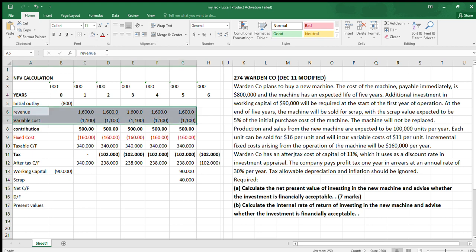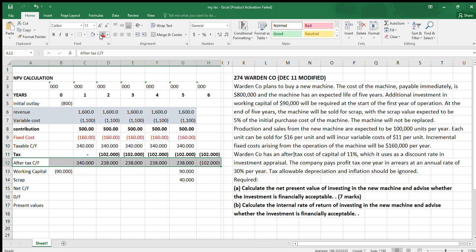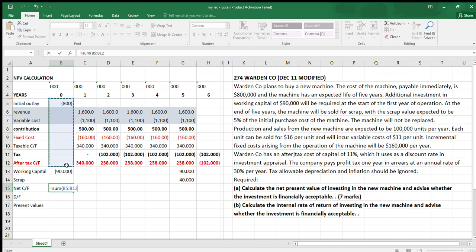So you have your after tax cash flow. This is after tax cash flow, and that is what you are going to use to calculate your net present value. So we have our working capital already, we have our scrap value already, so now we need our net cash flow. So our net cash flow is the sum of, here we have our initial outlay and our working capital.